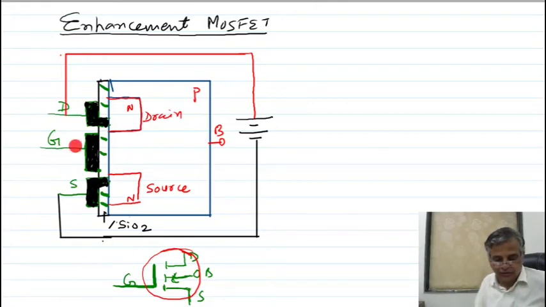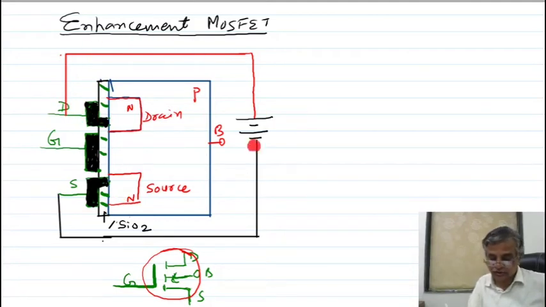If you do not give any voltage, current will not flow, because there is no channel, it's a broken part here. Electrons cannot go from here to here. In the previous case, due to the channel it is going. Now there is no channel, so electrons will not go.